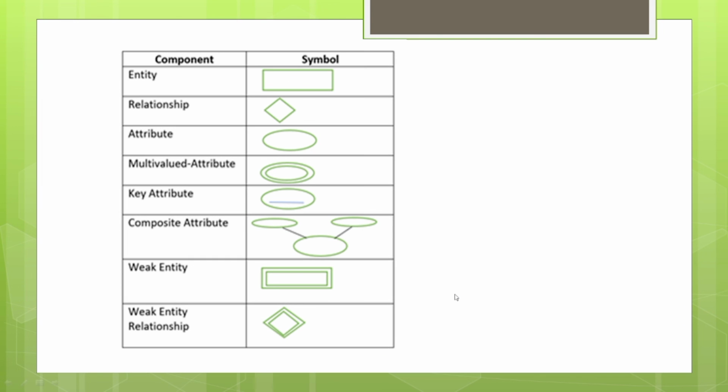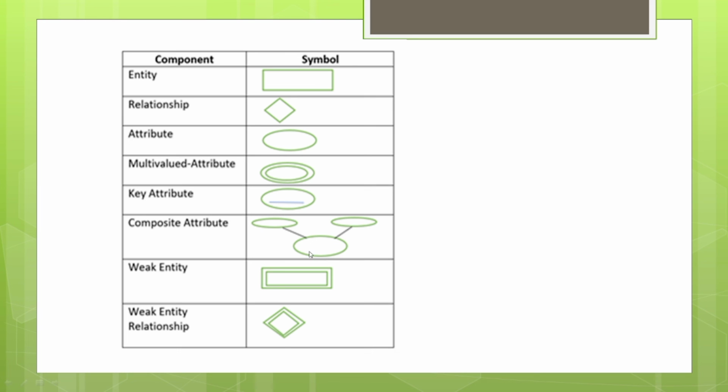These are the components of the ER model. Once again, I repeat: entity is a rectangle symbol, relationship is a diamond, attributes are an ellipse, multivalued attributes are represented by a double ellipse, key attributes are represented by an ellipse with underlined text.